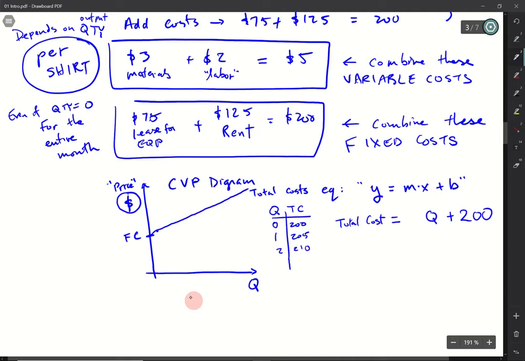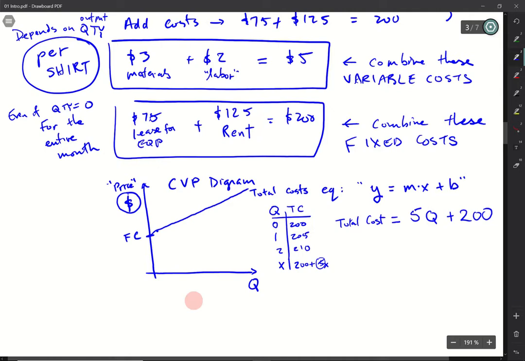So if our quantity is X, what do we have? We have 200 plus something times X. Does anyone know how much it is? 5. So this would be 5.